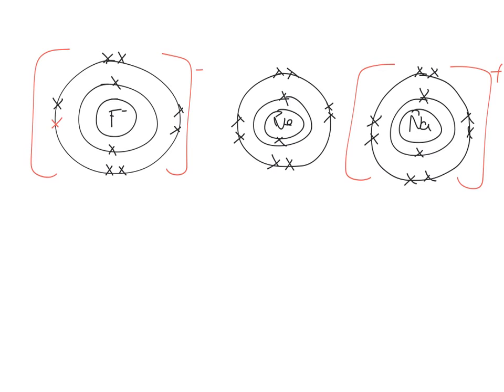Okay, so welcome back. What we're going to look at is why sodium, the one with the largest Z effective, has the smallest radius. Now in this case, let's look at the ratio between positive and negative. Fluorine has 9 protons, and in this ion form, it has 10 electrons.